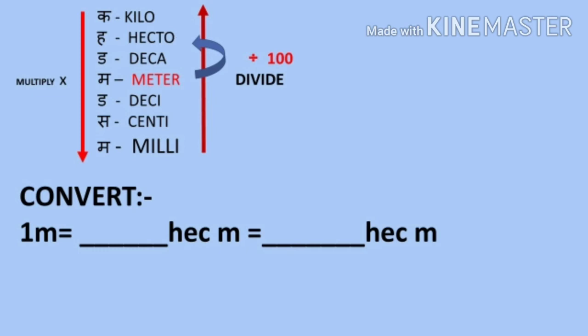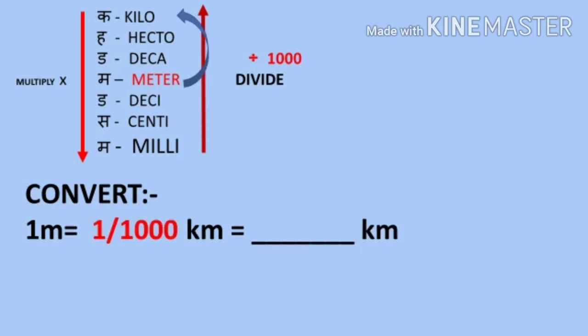So 1 meter is equal to 1 by 100 hectometer, or you can say 0.01 hectometer. Next question is you have to convert 1 meter into kilometer. For this also you can see from the chart, you have to go up from down.